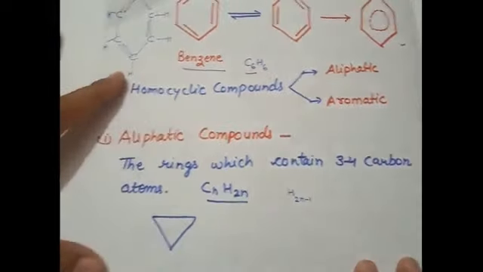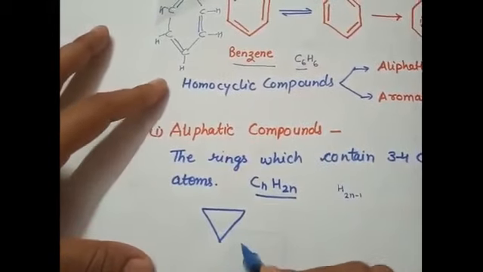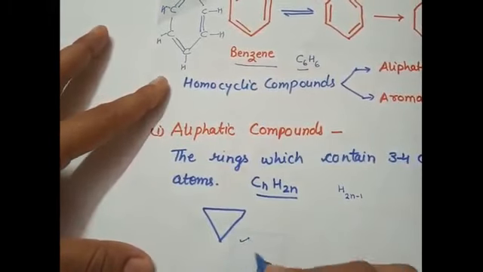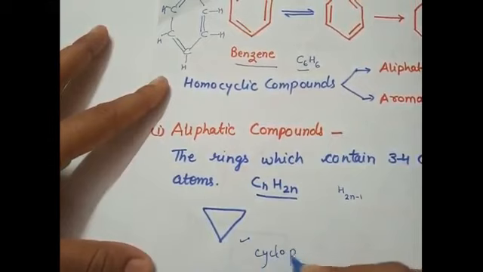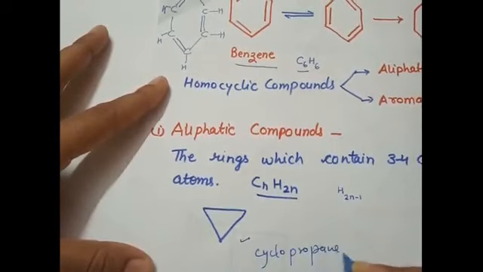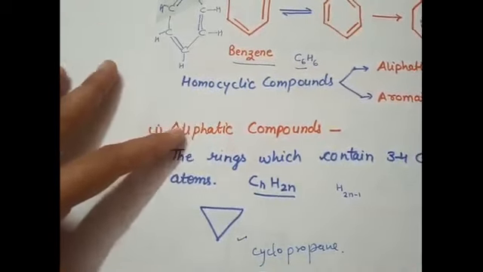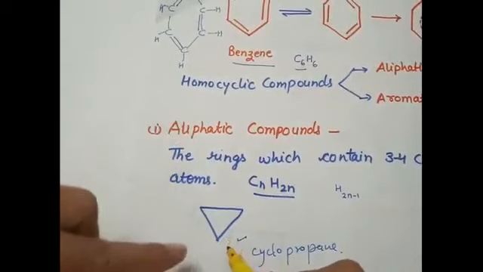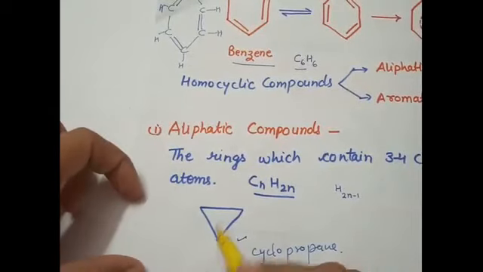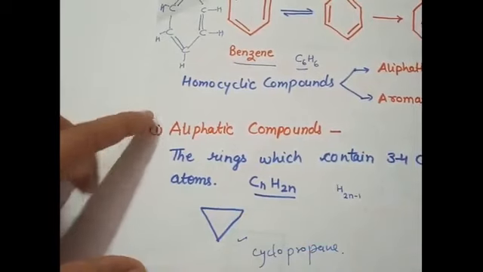So here we have an example, can you identify this? Yes, this is cyclopropane. As we have to form the aliphatic compounds, it should have 3 or 4 carbon atoms.